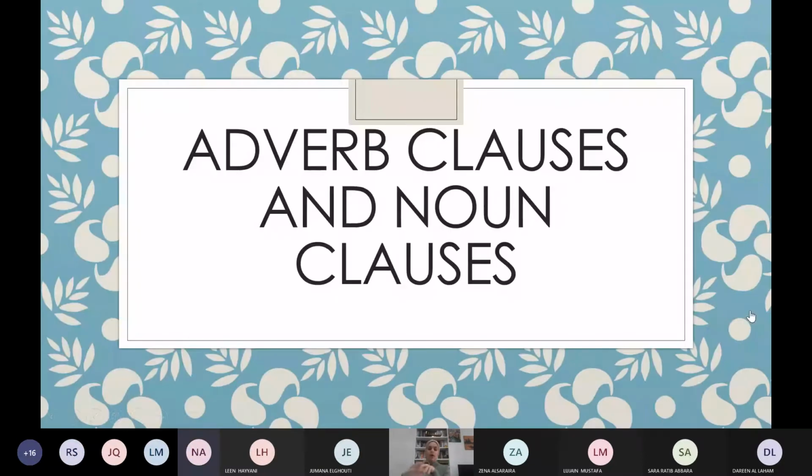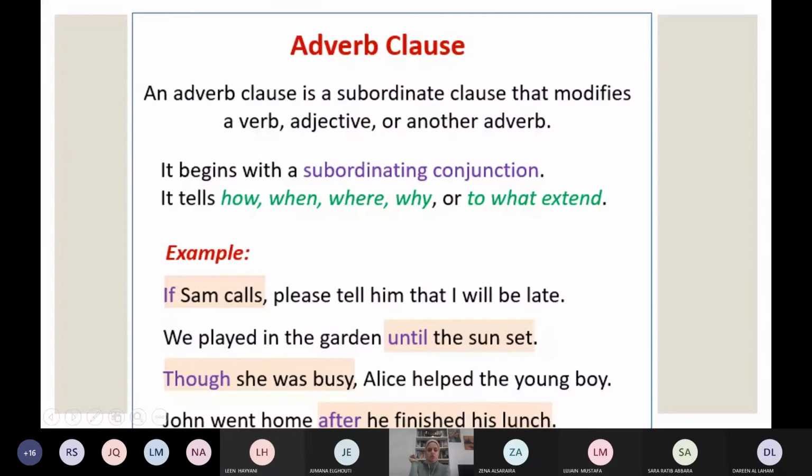Yes. Okay. So how do we use the dependent clause as an adverb clause? As we said again, an adverb clause is a subordinate clause that modifies what? A verb, adjective, or another adverb. It is exactly the same like what, girls?